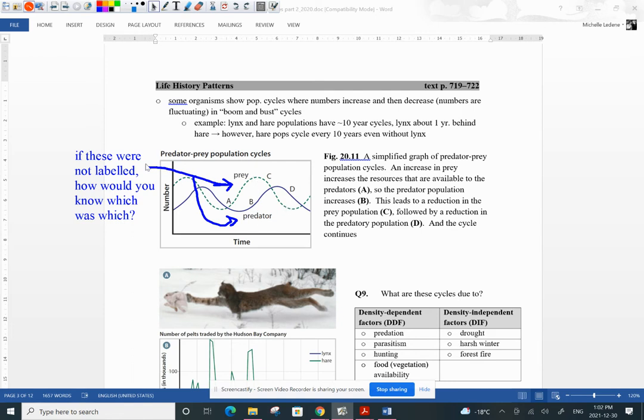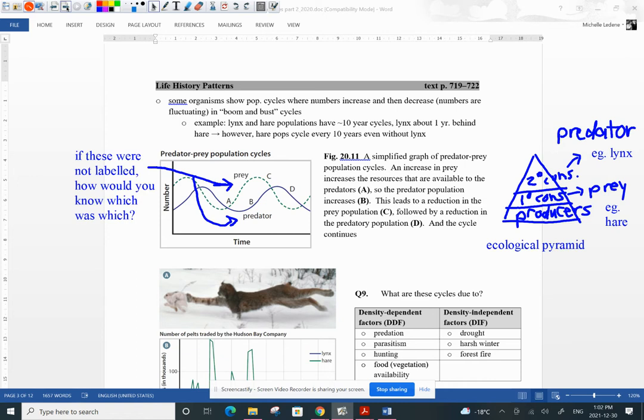But now here's a question for you. If these were not labeled, how would you know which was which? How would you know which was the prey and which was the predator? I want you thinking back a little bit to your Biology 20 days and thinking of an ecological pyramid, a pyramid of numbers.